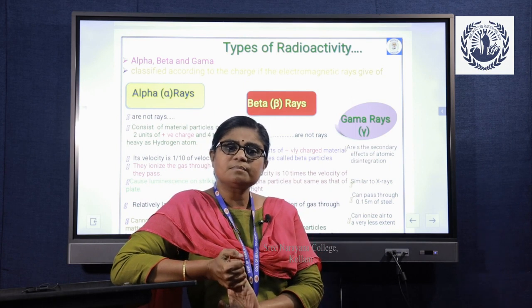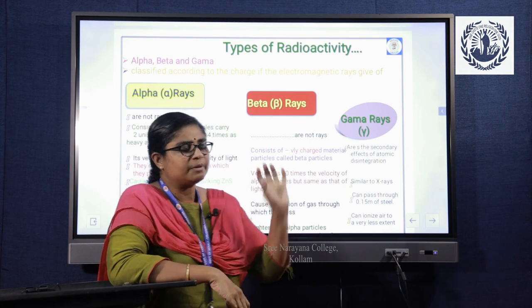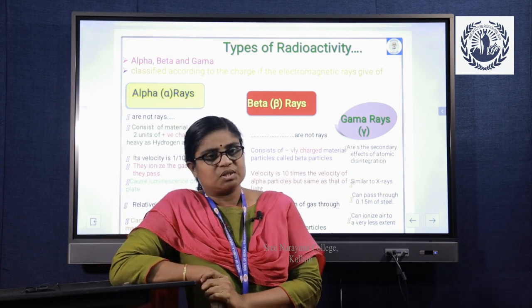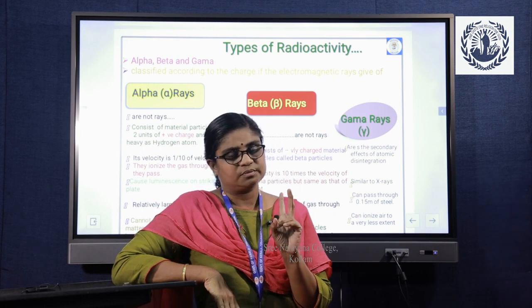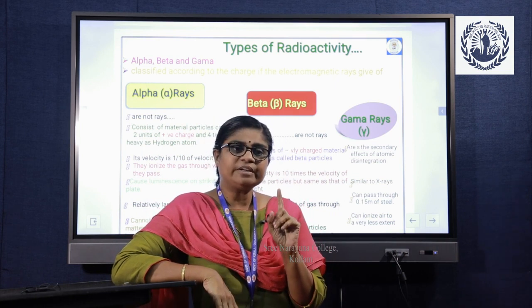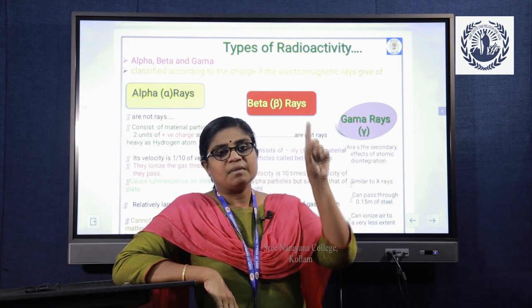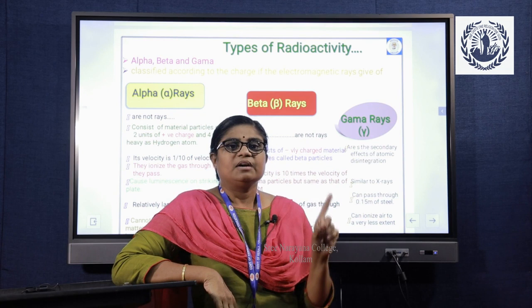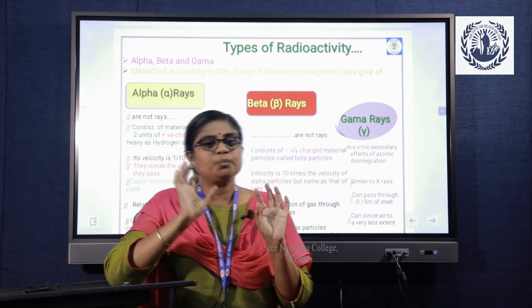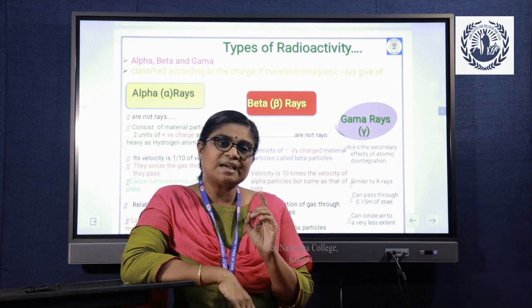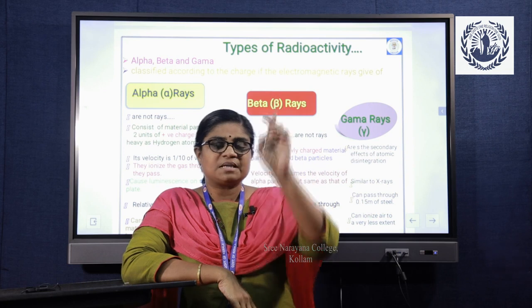How does this electron come as a nuclear property from the nucleus? Because inside the nucleus we have neutrons and protons. A neutron has 0 charge and mass number 1. This neutron inside the nucleus gets converted into a proton. A proton has 1 plus charge and 1 mass number.